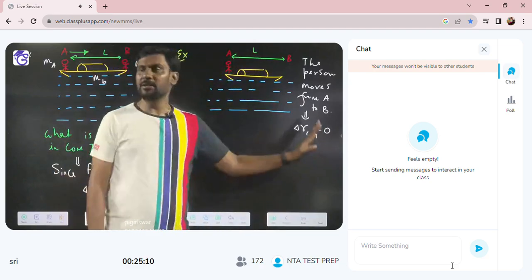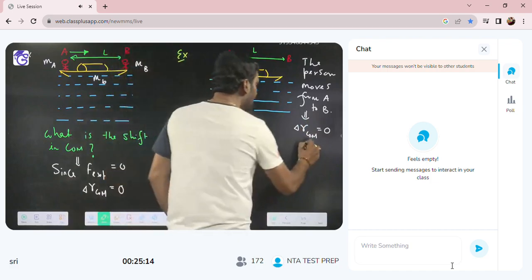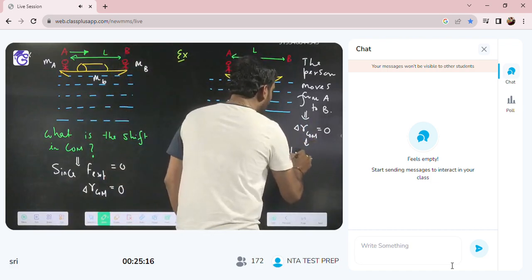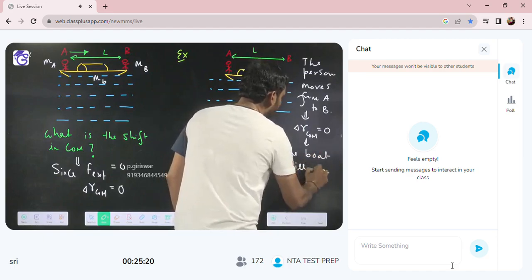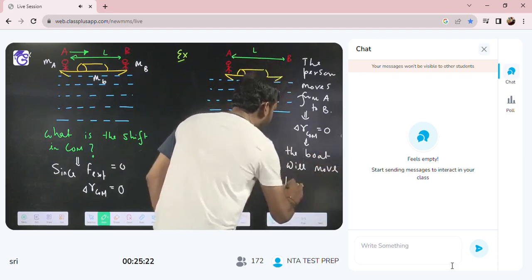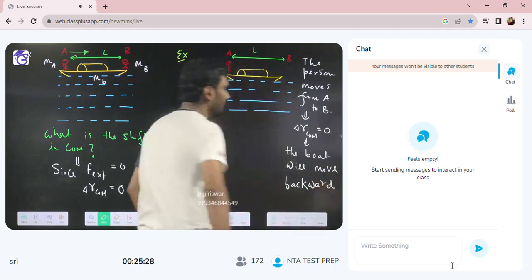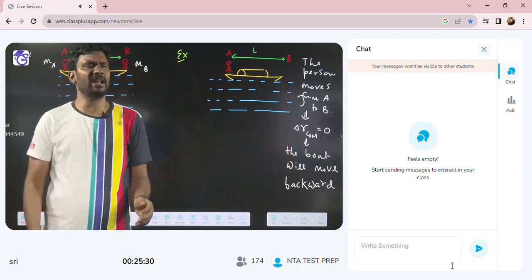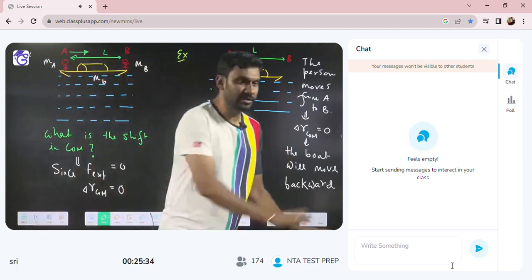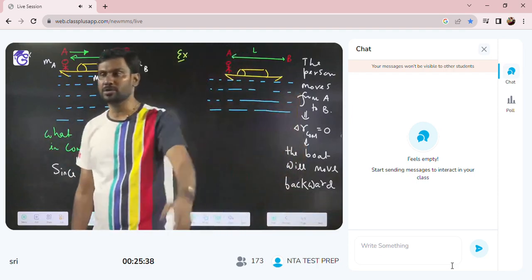And if the shift in center of mass has to be 0, then I have to say that the boat will move backward. To keep the center of mass at the same position, the boat has to move backward. If you have real life experience, whenever you are stepping into the boat, you will see the boat will move backward a little bit. Is it clear to all of you? Hit the comment box.